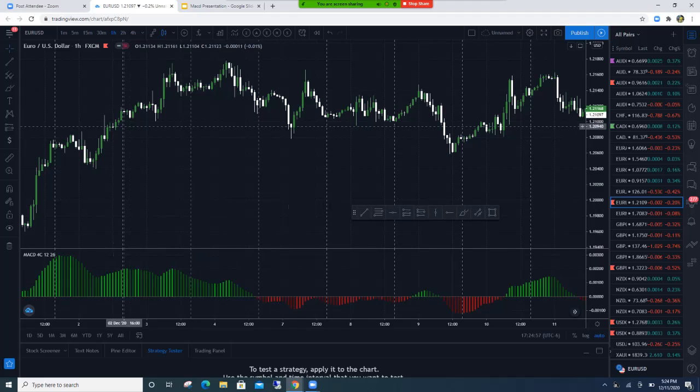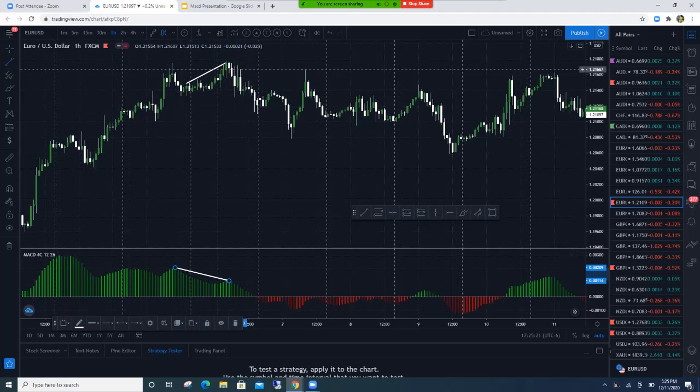The first one is the generic one where, as far as momentum divergence, price is going up, and you see right here, the indicator is going down at the same time.